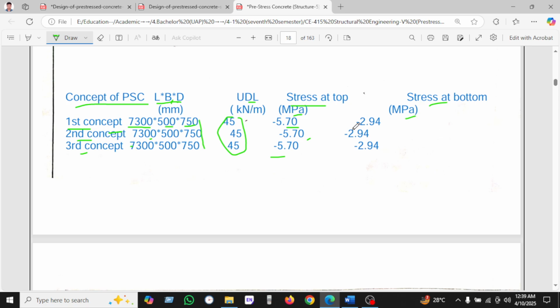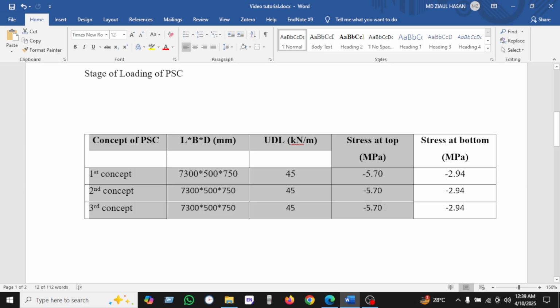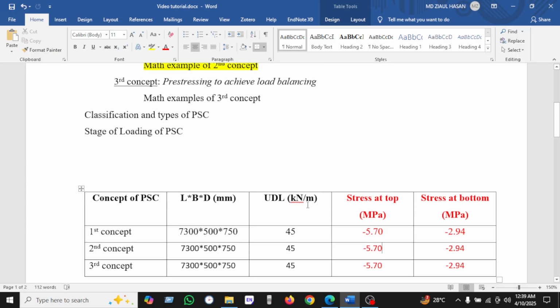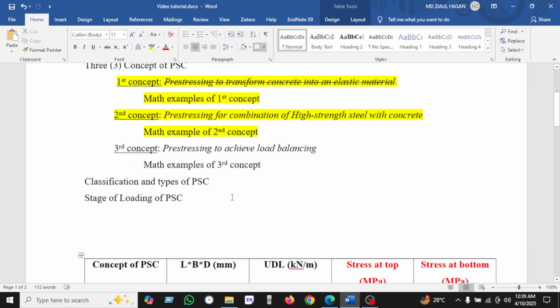Stress at the bottom is minus 2.94, minus 2.94. So if we compare, all the results are the same for the first, second, and third concepts. The L, B, D is the same, the UTL is the same, and the stress results are also the same. We can use different methods and different formulas, but the result remains the same.